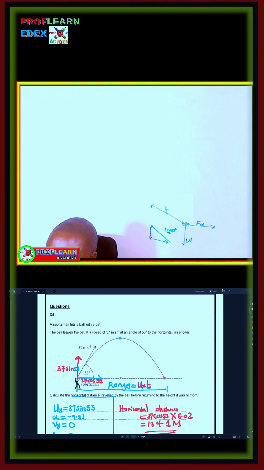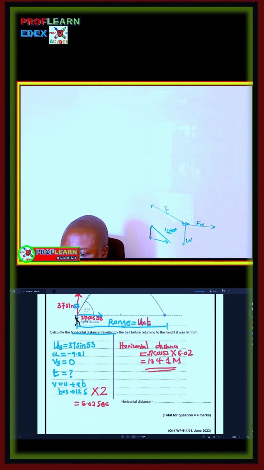To work out the time of flight, you will first calculate the time taken to reach maximum height. Remember, at maximum height, the final velocity in the vertical component is 0. Then the time taken to reach maximum height times 2 will give you the time the object took to travel through this trajectory.